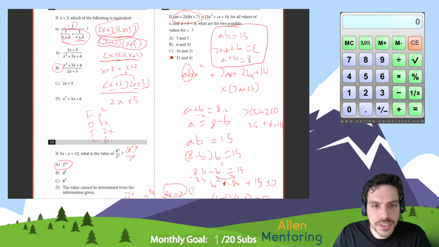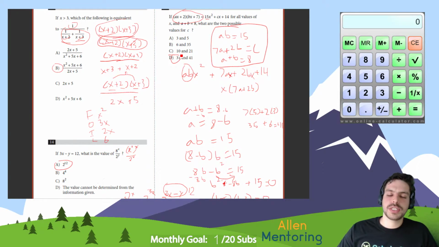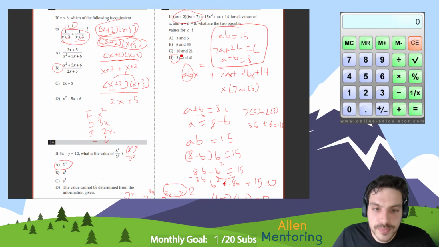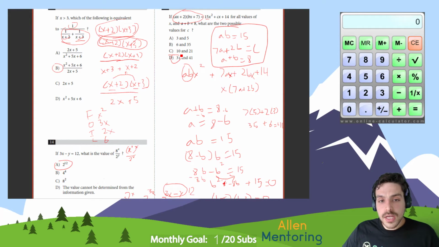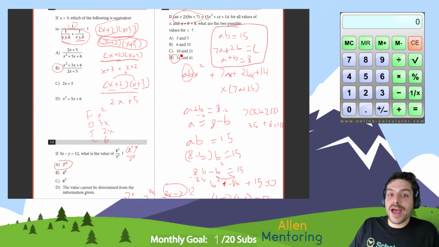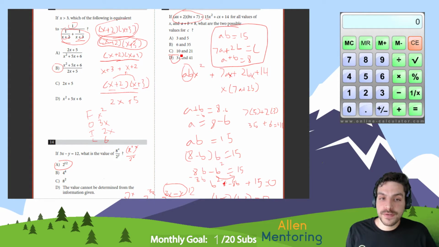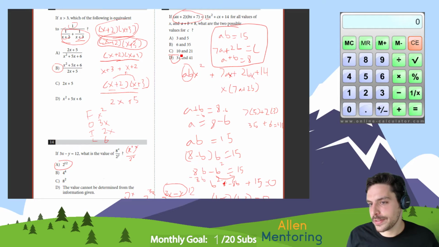If we look at our solutions, only D has 41 as a choice. So D is the correct answer. A lot of times there are two ways to look at it. If you have one of the choices, is that enough to put as a solution? I would say in most cases, yes.